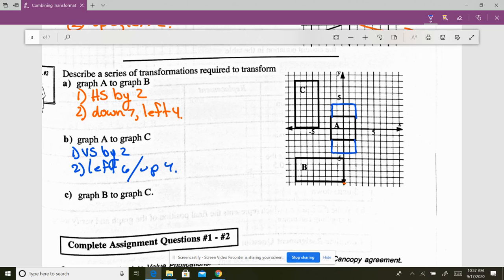This one's a little tricky. So we can flip it over y equals x, okay? Basically, you're doing an inverse. And then you're going to move it.